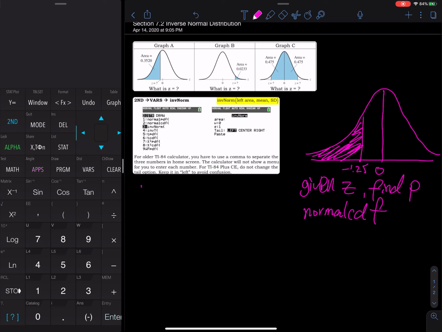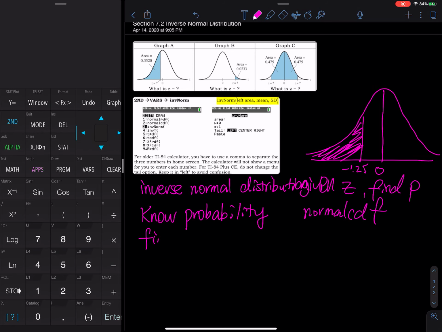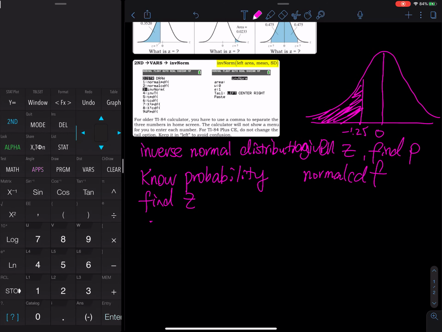So, inverse normal distribution. You use inverse normal distribution when you know the probability and you want to find the cut, find Z. So for this Z, you have to do inverse norm, and inverse norm takes a left area, a mean, and a standard deviation.